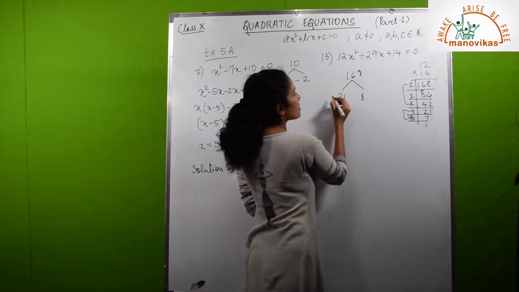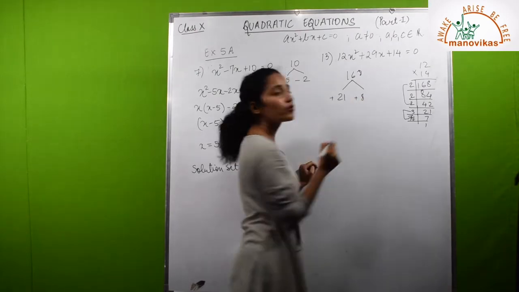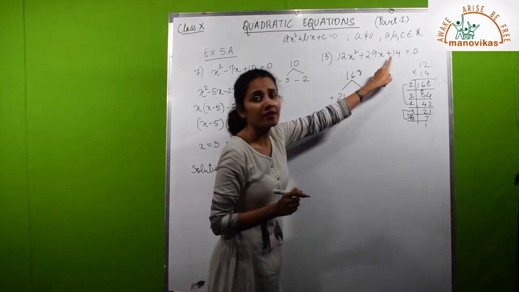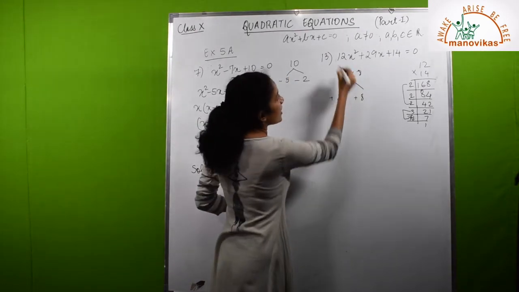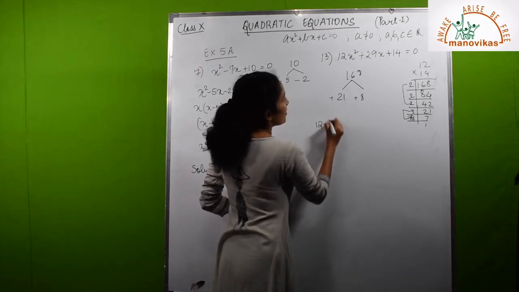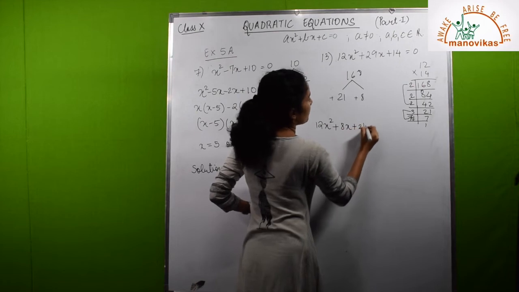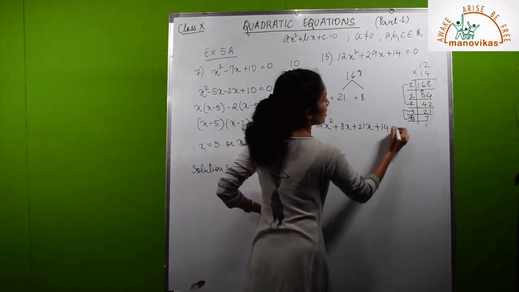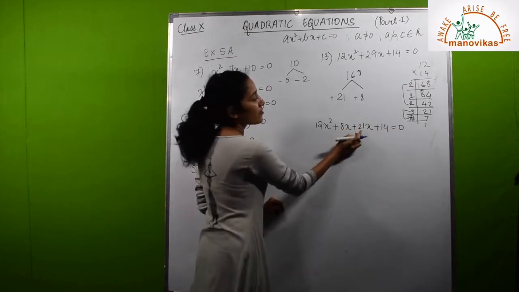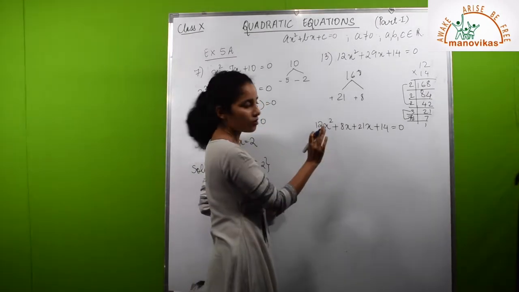Now since it is positive, the positive sign will go to both of them. Okay. So writing it properly, you have 12x square plus 8x plus 21x plus 14 equal to 0. You could have written 21 first also, it's no harm.